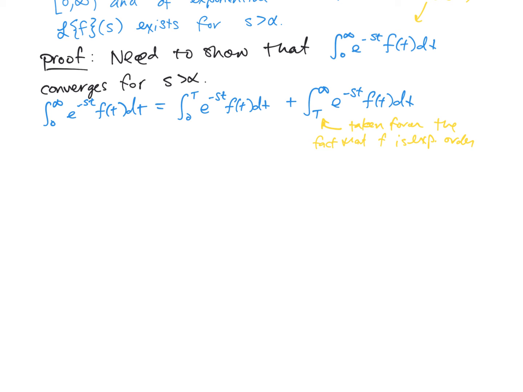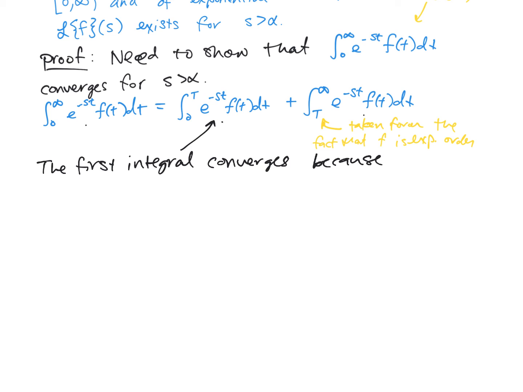So if we can prove that each of these two integrals is finite, then we will have proved that their sum is finite as well. Okay, so the first integral, which is this one right here, converges because f of t, and thus also e to the negative st f of t, are piecewise continuous.